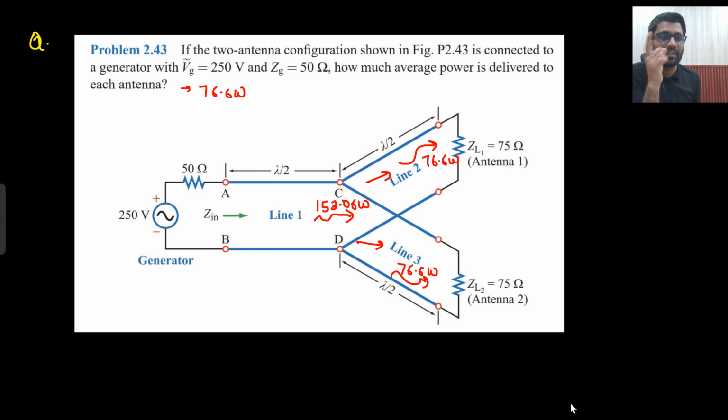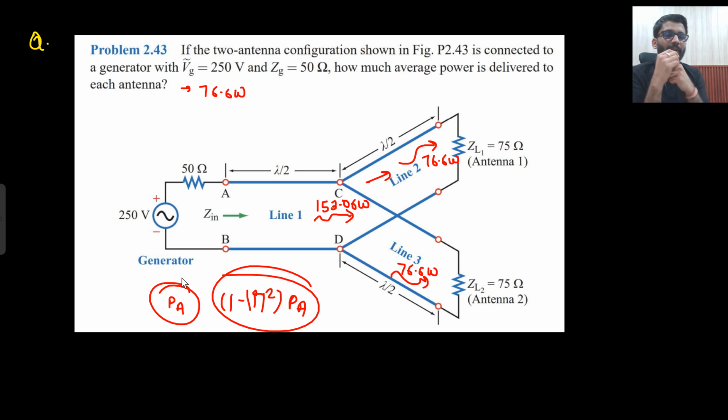Now is this power equal to the power incident on the load or the power delivered to the load? Because power incident on the load was PA and power delivered to the load was 1 minus gamma square into PA. So which thing are we calculating? Try thinking about it, and think whether this 76.6 watt is power delivered to the load or power incident on the load.